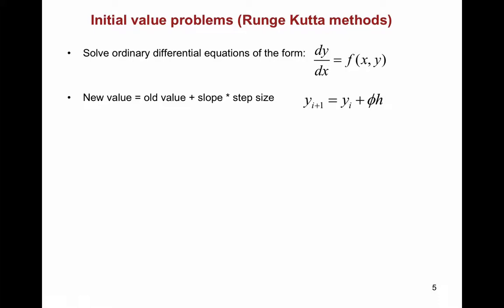So if I have that starting point, then for my next point, I'm looking for what is my y at certain values of x. When I'm looking for a numerical solution, I will not get a closed formula for that solution. I'm really looking for values of that function y at certain discrete points. That's how I numerically solve problems.